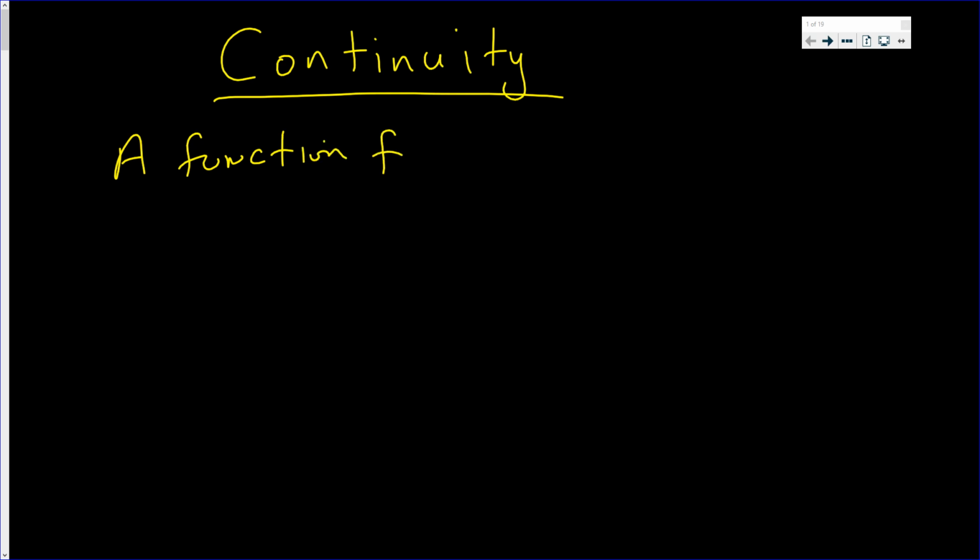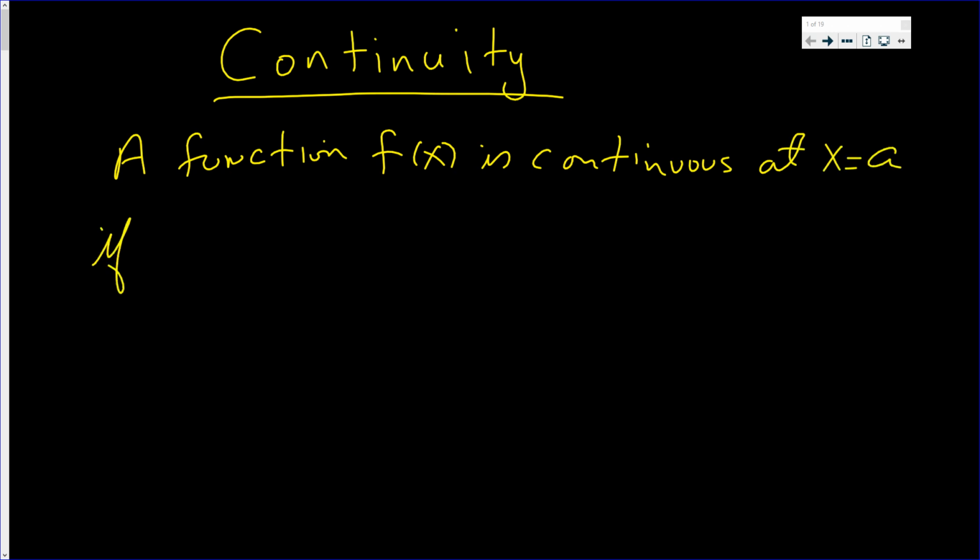A function f of x is continuous, or is said to be continuous at x equals a, if the following conditions have been satisfied. Here's three of them.